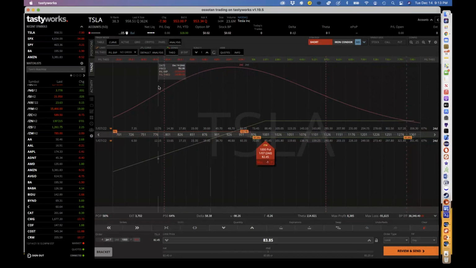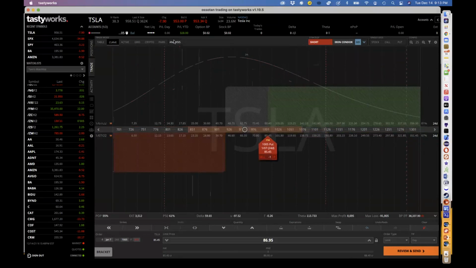Is that what you were asking? I'm not sure. This is not backtesting. This is just price variance analysis. You can simulate different scenarios, different prices, and see what your profit is going to be.